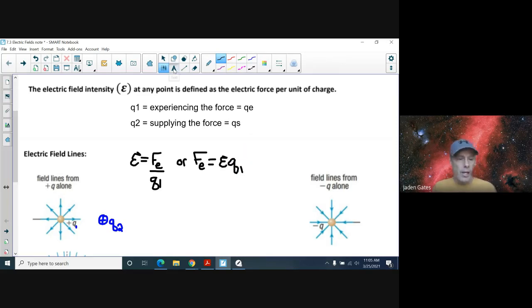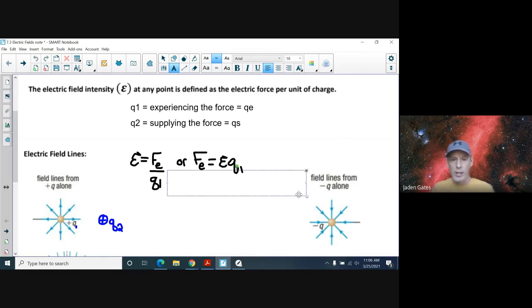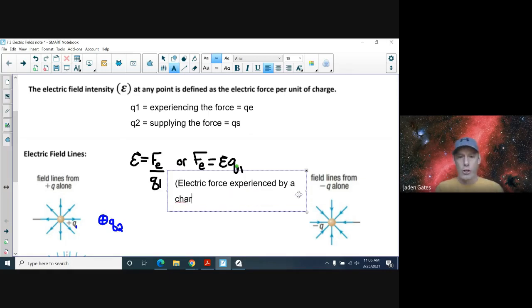This is important because your textbook, again, does not talk about this whatsoever, and I'm going to explain how it can confuse you. This is a formula for the electric force experienced by a charge Q1. So that's what that formula represents.